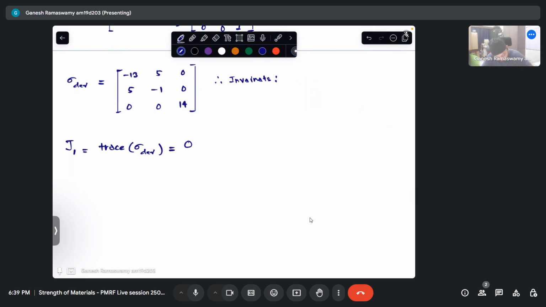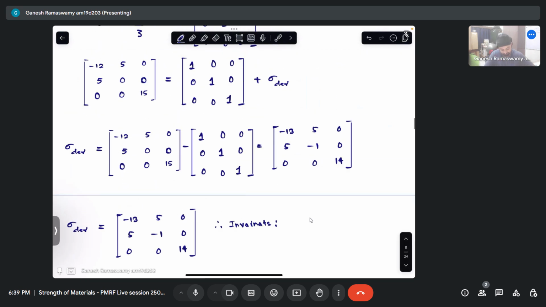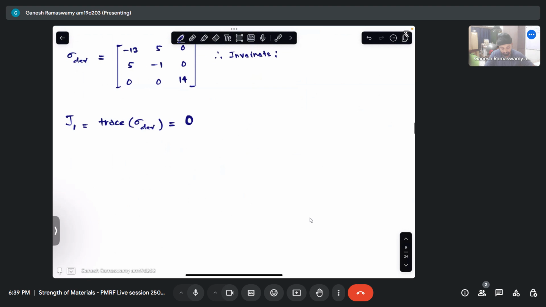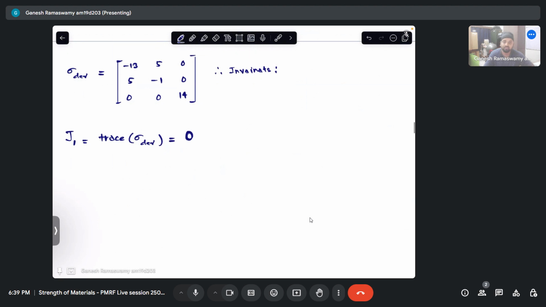Why? Because the deviatoric stress tensor essentially deals only with shear stresses, and the normal stresses don't appear.